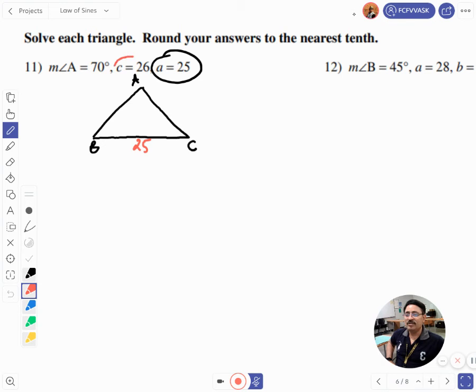Lowercase c means the side opposite to angle C, which is 26, and angle A is given as 70 degrees. Please notice that three values are given and you have to find the fourth one. When you're asked to solve the triangle, what is the missing side here? You write the formula, plug in these numbers, then you get the answer.